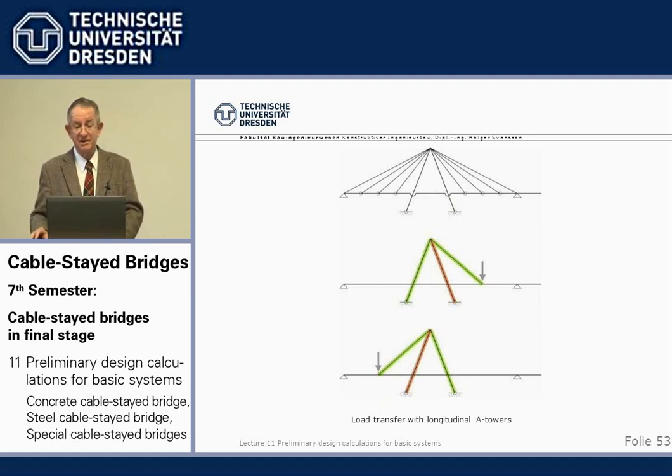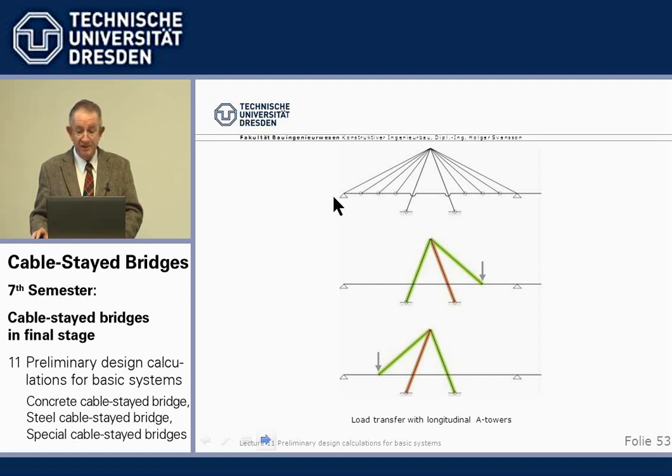Then the tower head is retained by the stiff A frame. So a force acting on a cable here then runs through the cable and then goes directly into the foundation through the tower head in tension and compression.